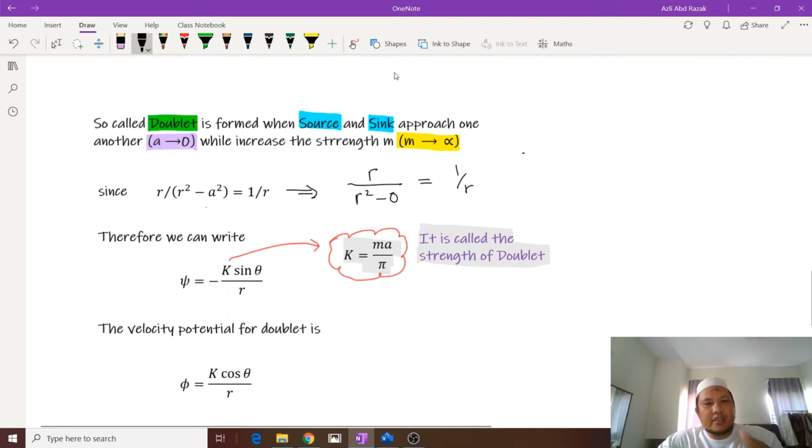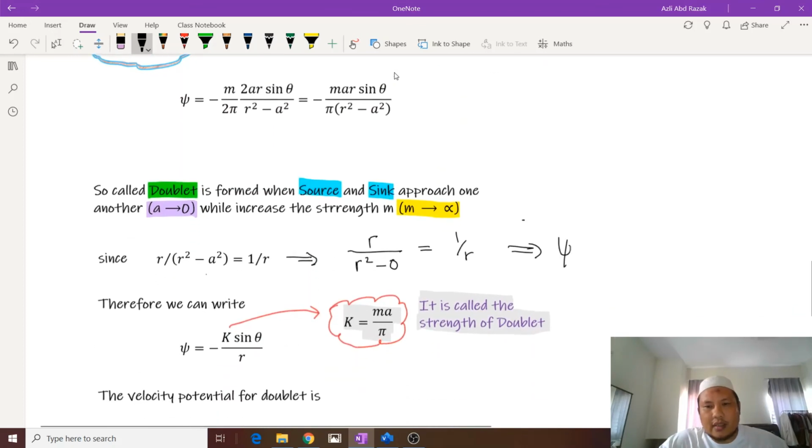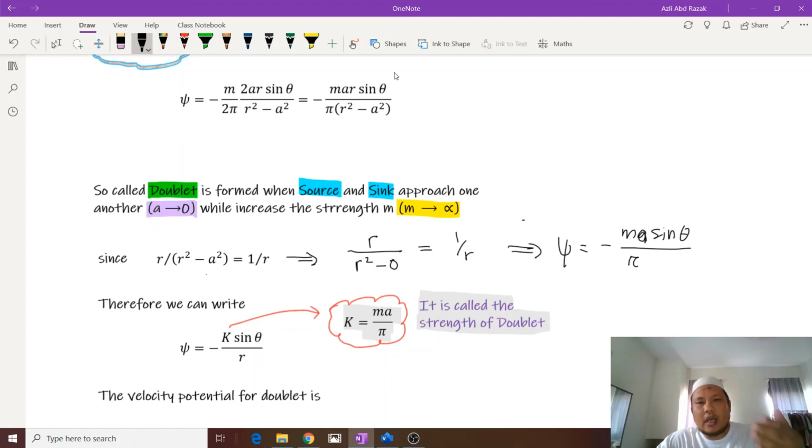Now if we substitute this 1 over r into the above equation, we have psi equal to minus ma sine theta divided by pi multiplied by 1 over r.